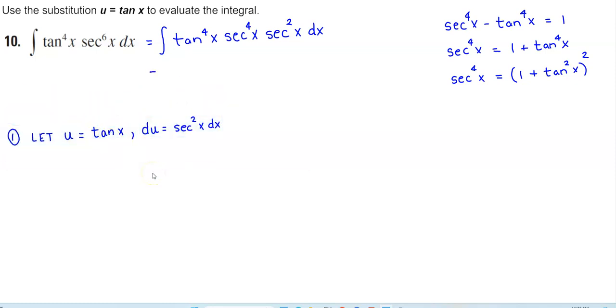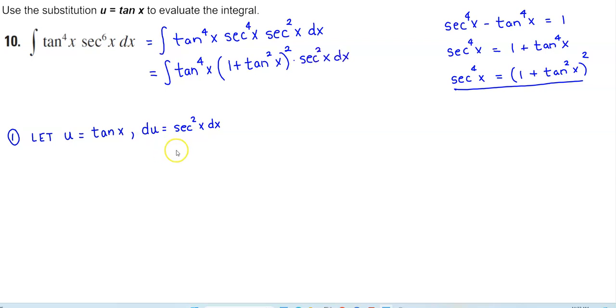So let's go ahead and do that. We can rewrite this to be the tangent to the 4th x times, well, we know what the secant to the 4th power x is, which is 1 plus the tangent squared x squared, and then times secant squared x dx. And so you can see here that secant squared x dx is also now ready for the substitution.